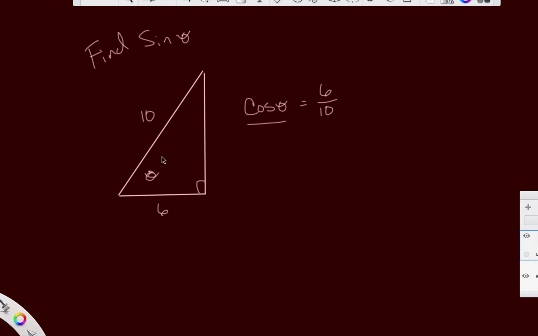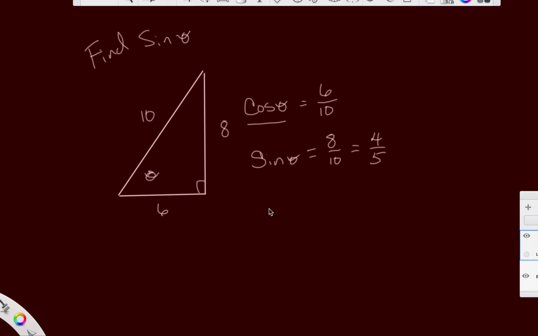Well, then you don't have this side here. You'd have to find it. You'd have to use the Pythagorean theorem. And when you use the Pythagorean theorem, this ends up being 8. And so the sine of theta would be 8 over 10. It might be simplified to 4/5.